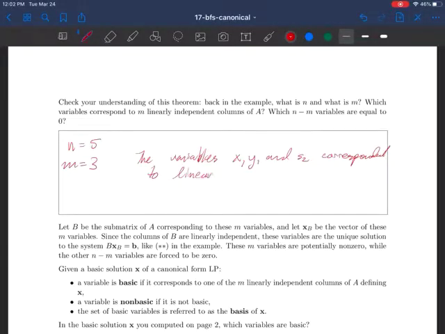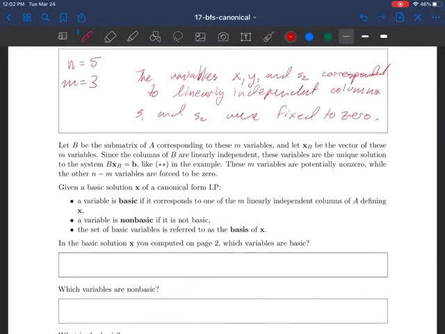They corresponded to linearly independent columns. s1 and s3 were fixed to 0. Okay.